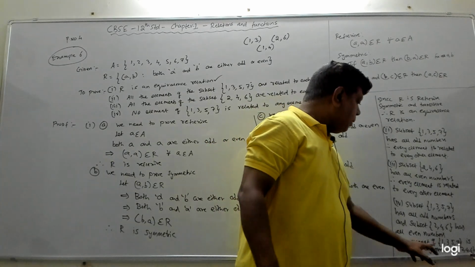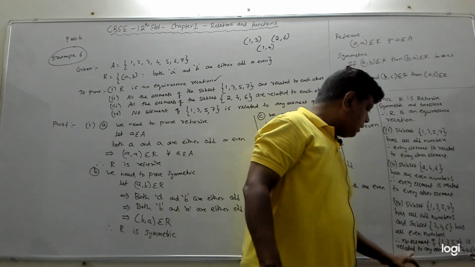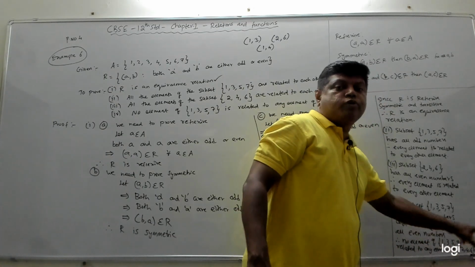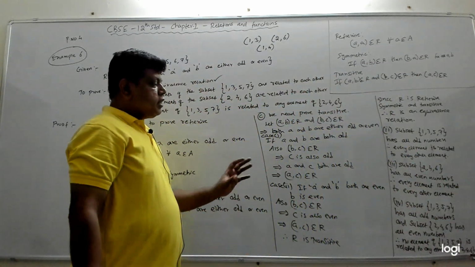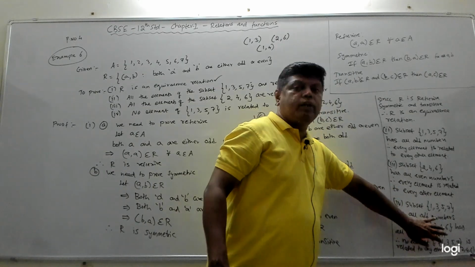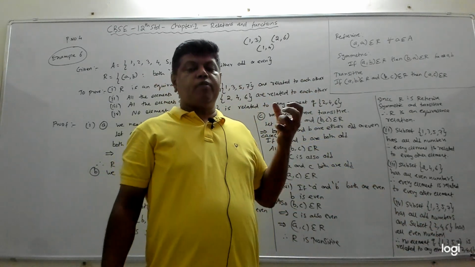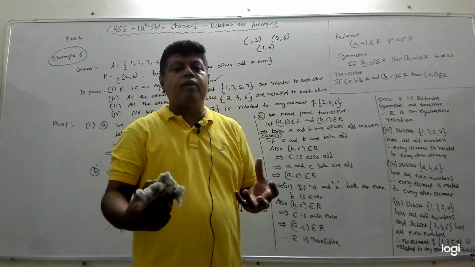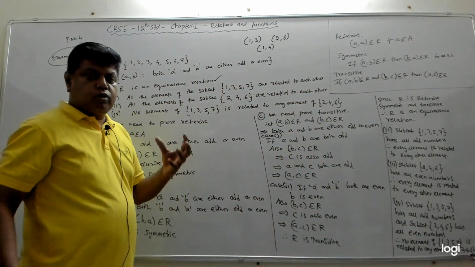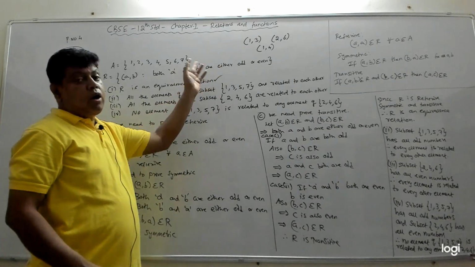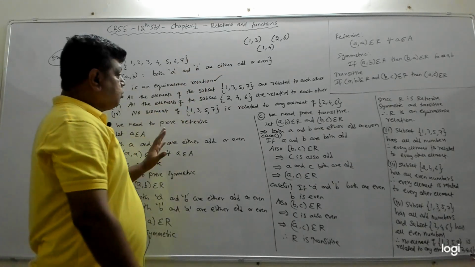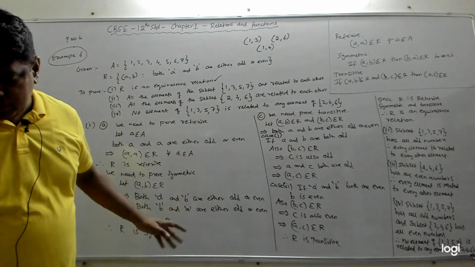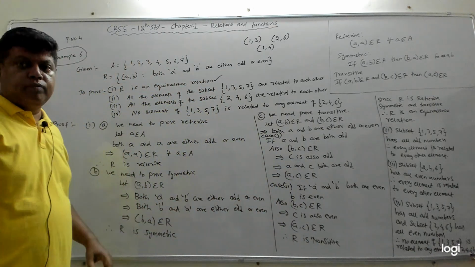So no element of 1, 3, 5, 7 is related to any element of 2, 4, 6, because this set has only odd numbers, this has only even numbers. So if we take one element from the odd number set and one element from the even number set, they will not be related, because for the relation both have to be odd or both have to be even. So this is the proof for example 6.